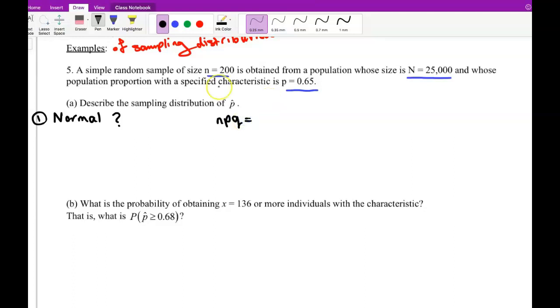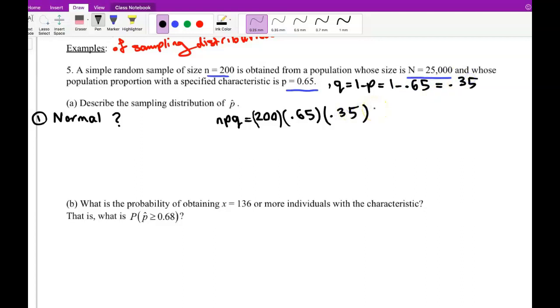So here n is 200, p is 0.65, and q is 1 minus p, 1 minus 0.65, so that is 0.35.